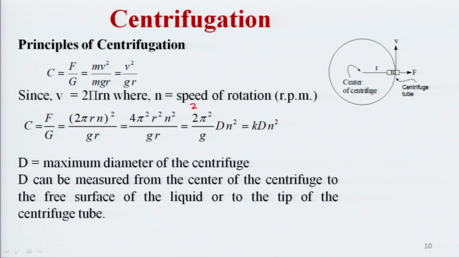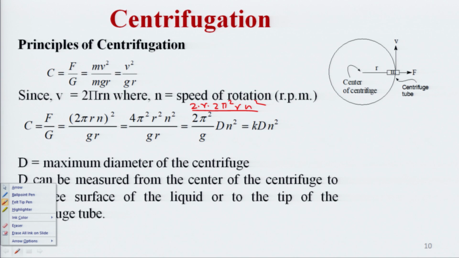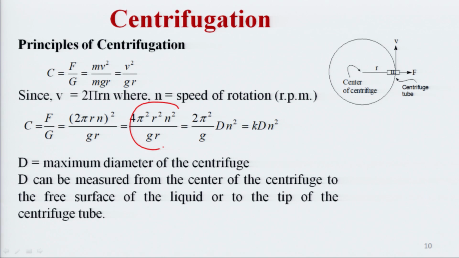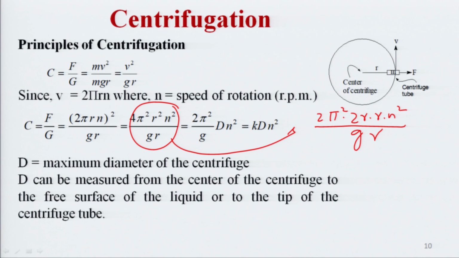From this we can write it as 2 into r into 2 pi square r n square upon g r. So, this can be written as 2 pi square into 2 r into n square upon g r.